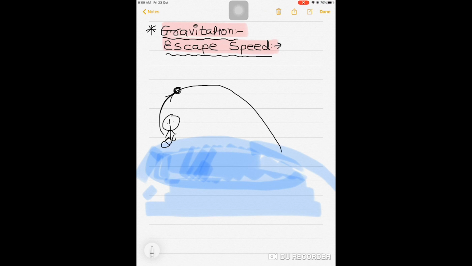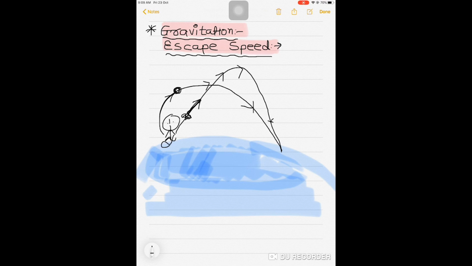Even if greater mechanics is used, again it comes back. So whatever object is thrown in the upward direction will have a tendency to come back to the ground.